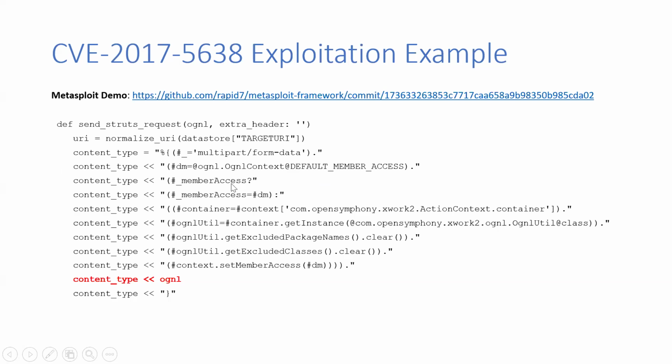If the member access does not exist, then it is explicitly created in the Struts context and assigned default member access. Here we can see that OGNL is being specified to execute the script remotely. This is an example that has been provided by Metasploit.